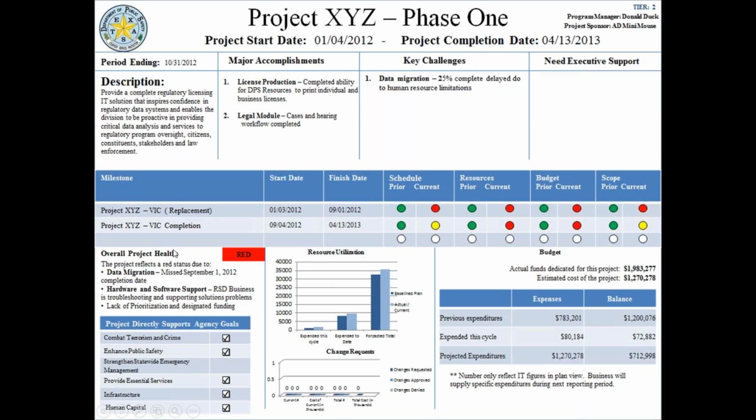And as you look down here, the overall project health is red, and that means a deadline has been missed. So they missed a September 1 deadline to complete data migration, and as indicated above, they're only at 25% completion. And this report is as of October, so this is about 60 days late for a missed deadline.